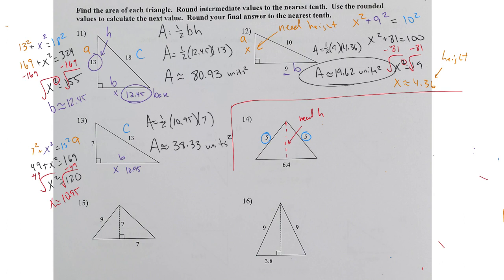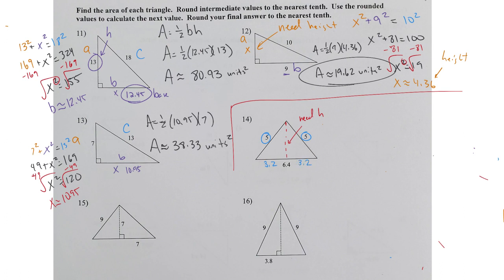Because those are the same base, this is an isosceles triangle, I know that that's going to be 3.2, right? I know that this is going to be 3.2 here, and this is going to be 3.2 here.